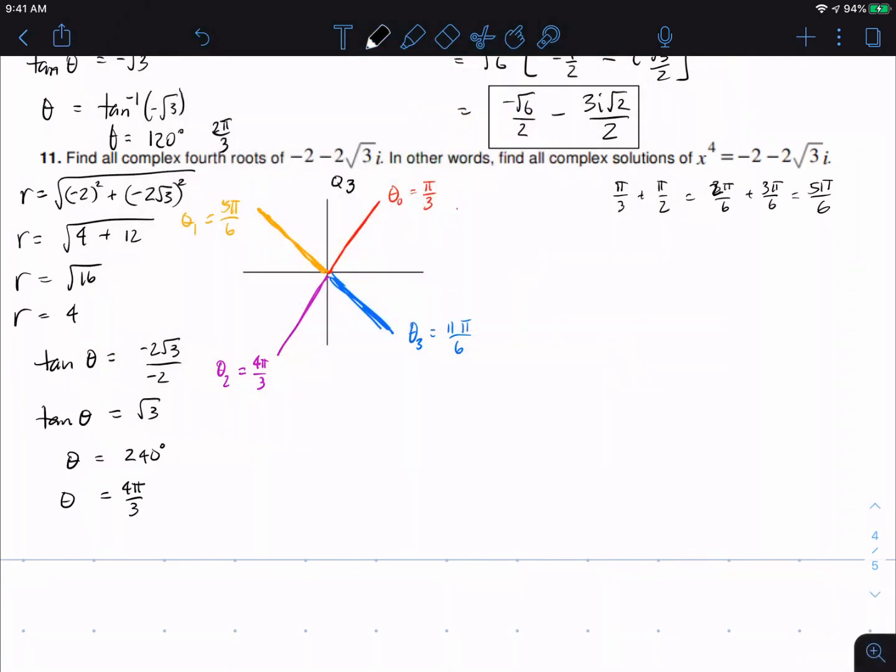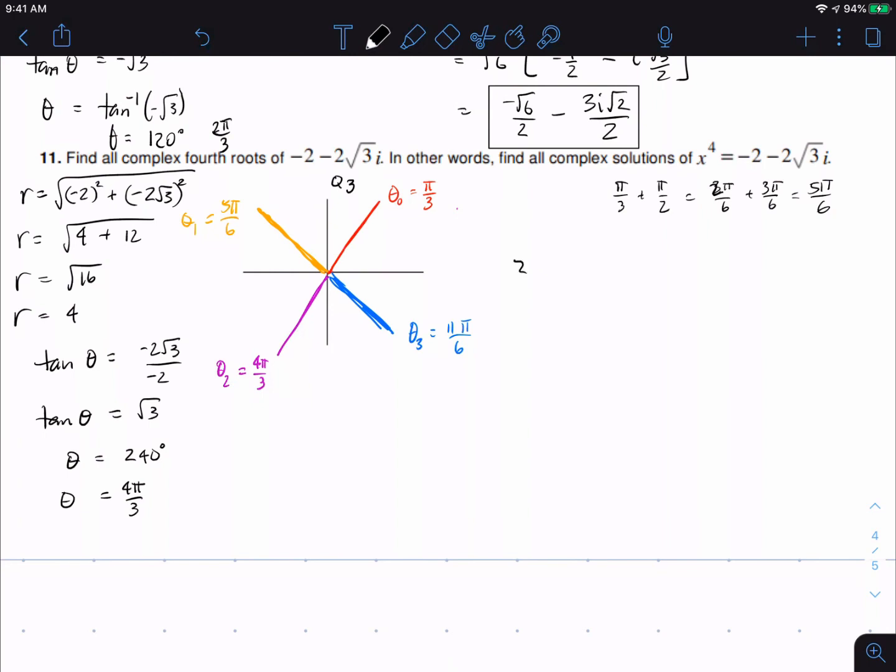Okay, do you guys get how I got my 4 angles? Are there any questions on those? Just want to make sure. No, we're okay? All right, so then let me find these solutions.